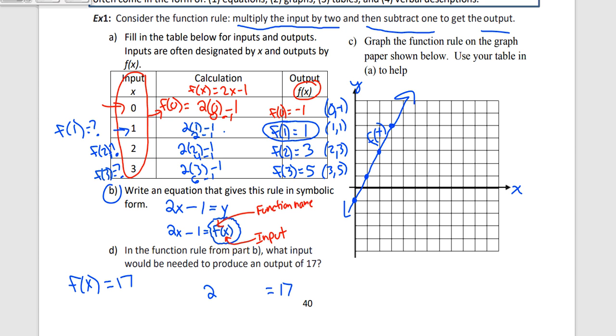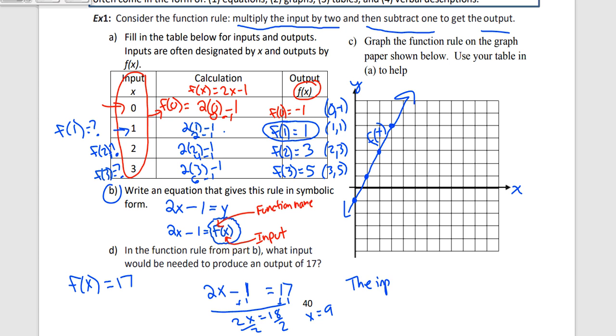I want to know what did I put right here in place of x to get 17. So it's an equation we have to solve. So this is how come it's important to be able to solve equations. I could add 1 to both sides. 2x equals 18. I could divide both sides by 2. So x equals 9. Oh, I need an input of 9.